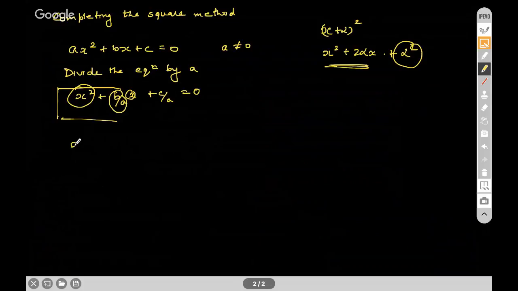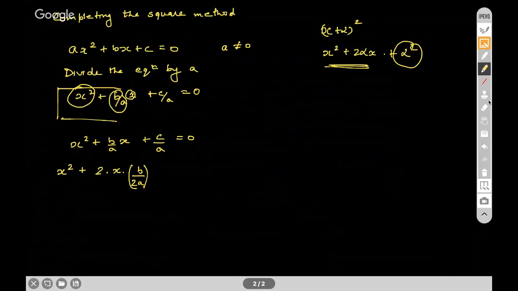So I'm saying it is x square plus b upon a x plus c upon a equals 0. Now, since I need a factor of 2 here, what we can do is multiply and divide this term by 2. So I can write this as x square plus 2 into x into b upon 2a.